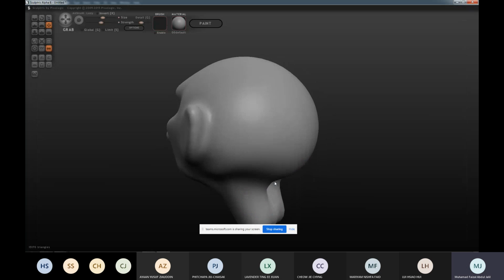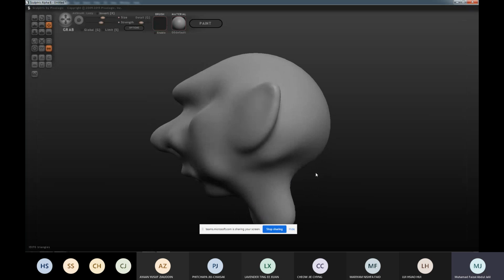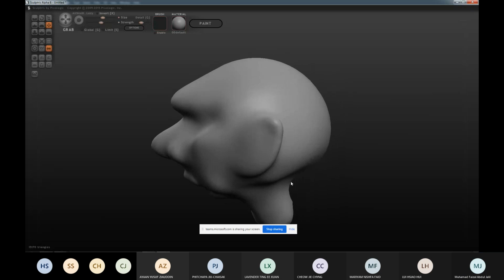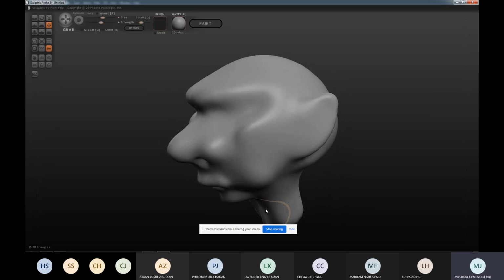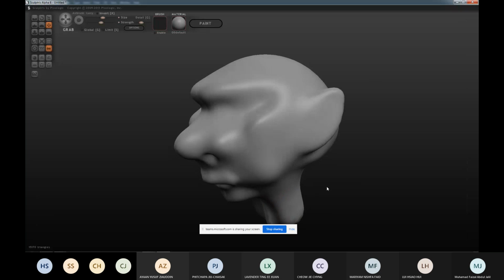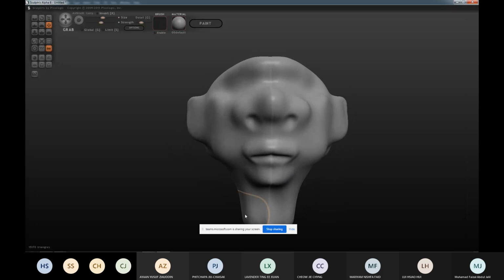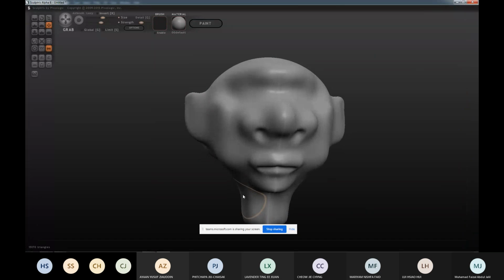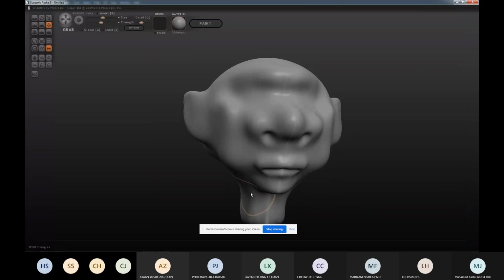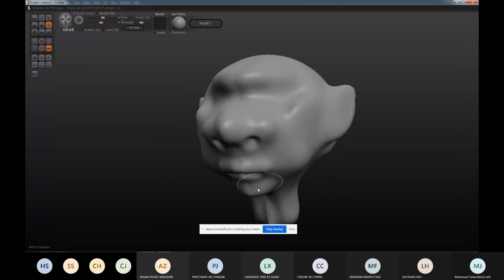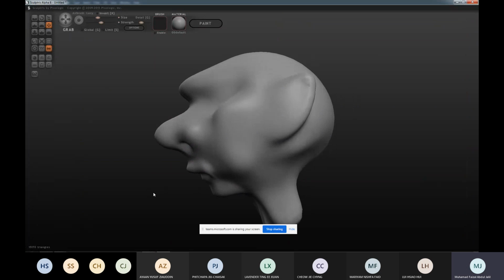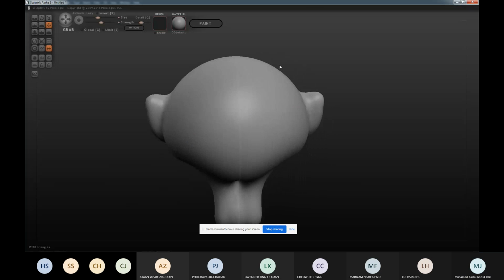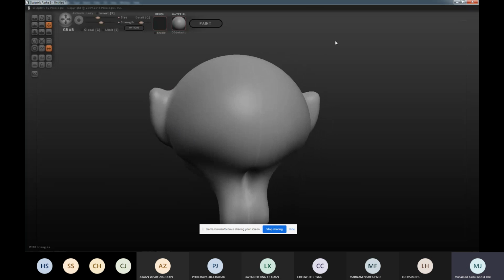It's a part of the game. Right, guys? It's a part of the game.